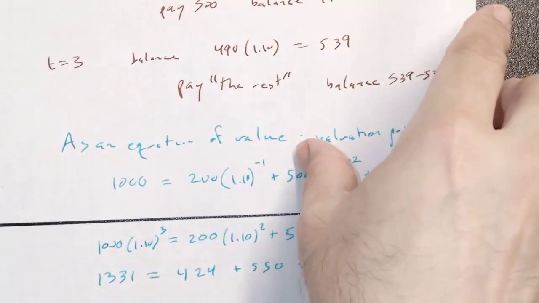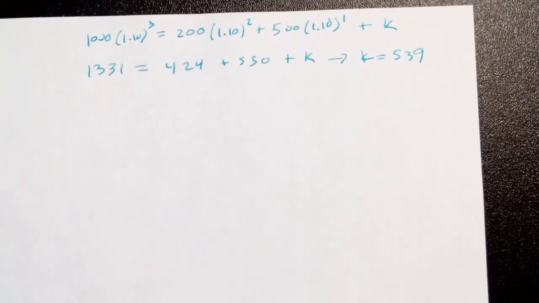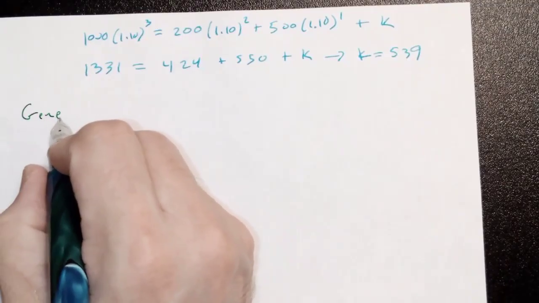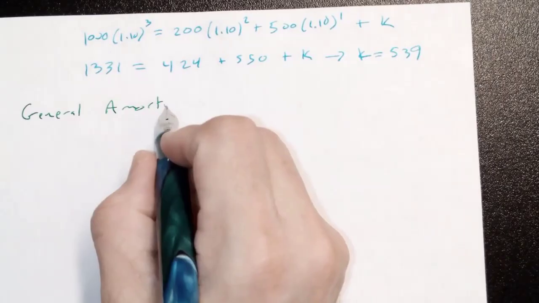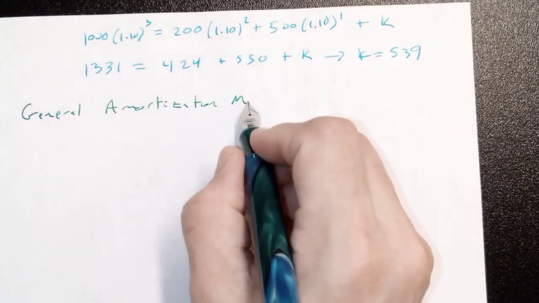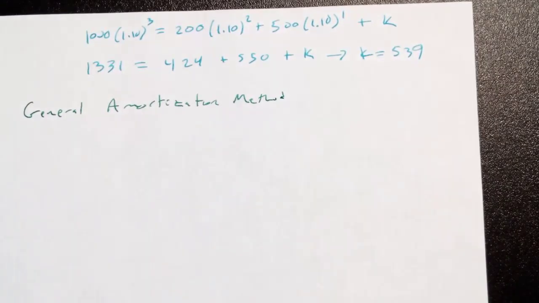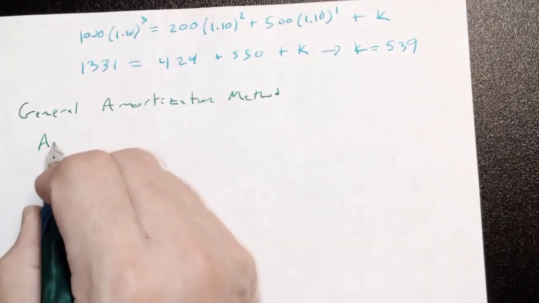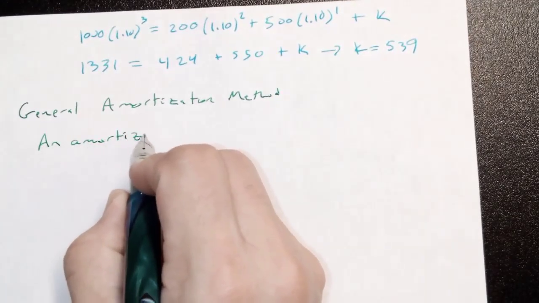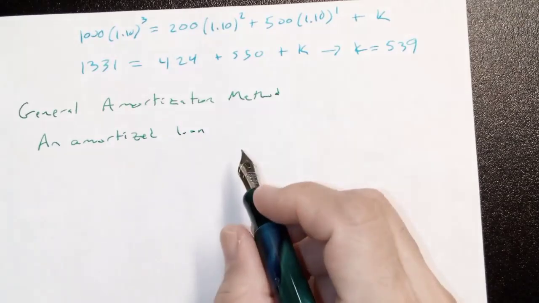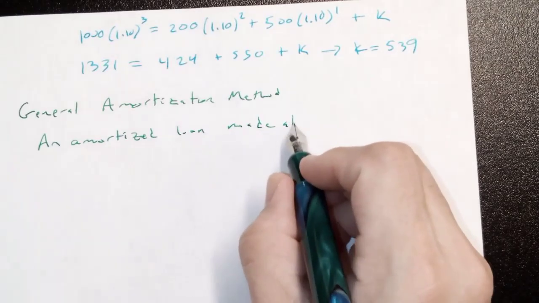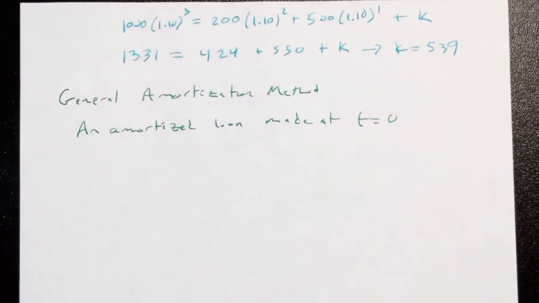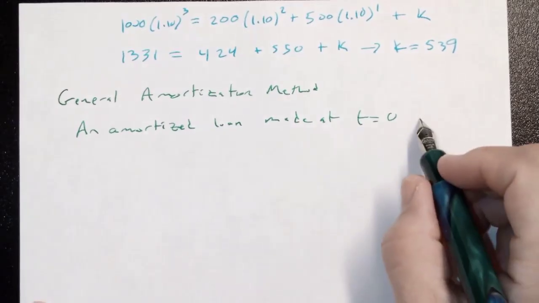Let's generalize. So I'm going to take a loan amount at time 0 with an interest rate.